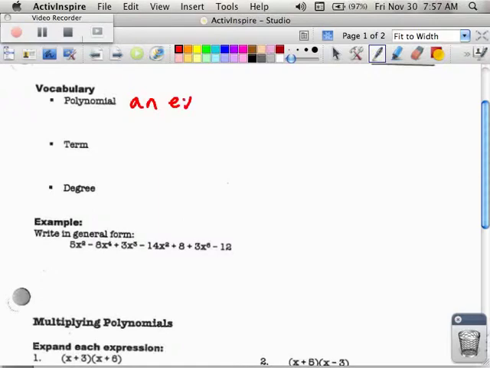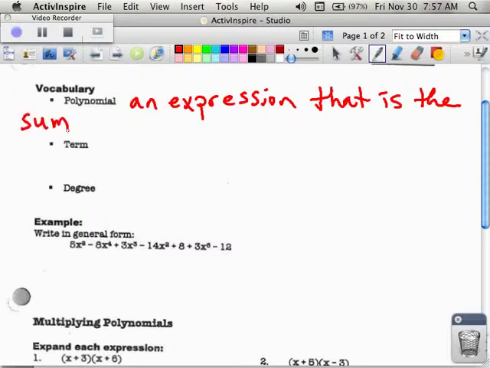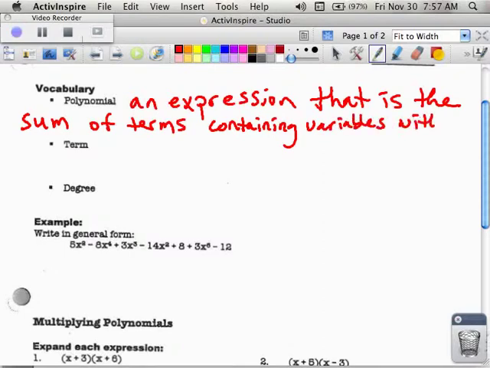expression that is the sum of terms containing variables with different powers.